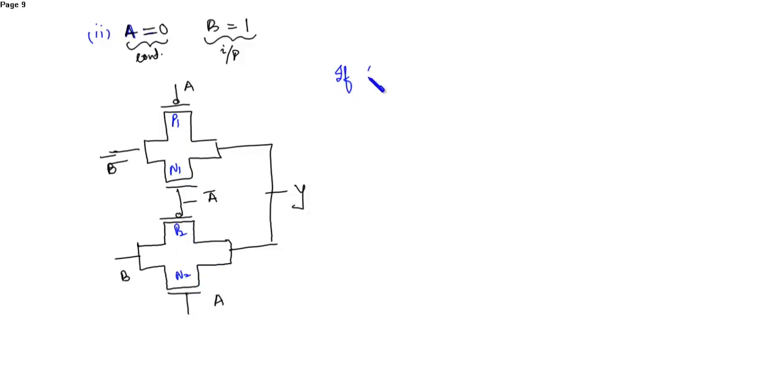So if A is equal to 0, in this case what will happen? If A is 0, then A bar is 1, A is 0. Here B bar will be 0 since B is equal to 1. So if A is 0, then P1 is activated. So P1 will turn on.